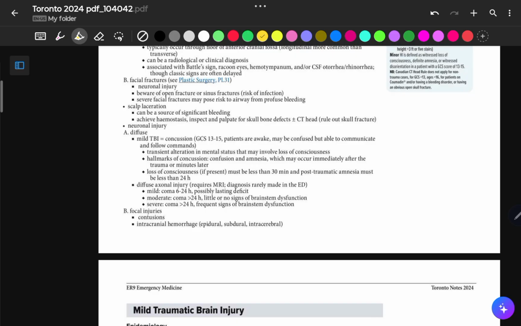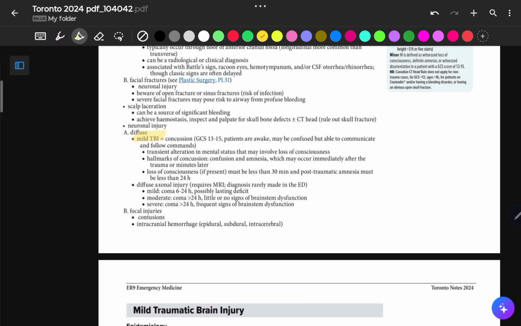An example of a diffuse neuronal injury is TBI, traumatic brain injury. Remember, when you're looking at head injury, you have your skull, then you have your intracranial hemorrhages, meningeal injury, and then the brain tissue itself that gets injured. This is what we mean by neuronal injury.